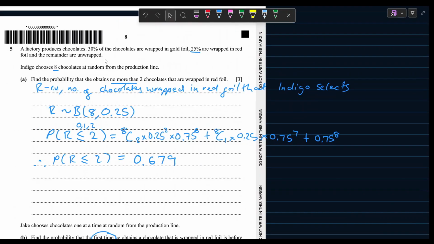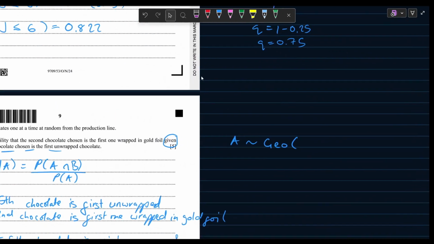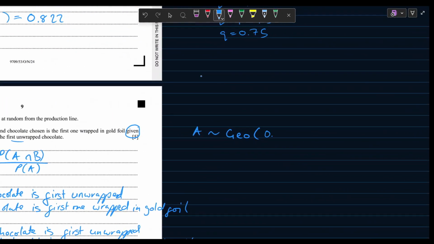It's the remainder. So it's 1 minus 0.3 minus 0.25, that gives us 0.45. Okay, so the probability of getting an unwrapped chocolate is 0.45.